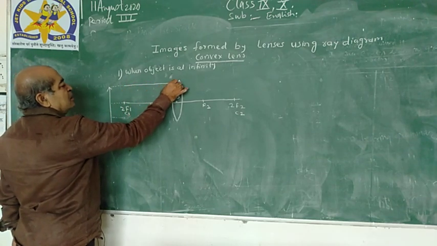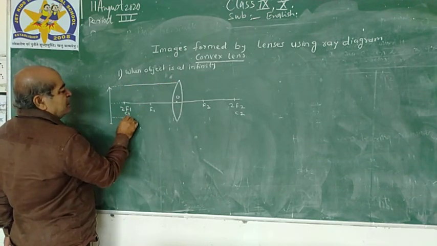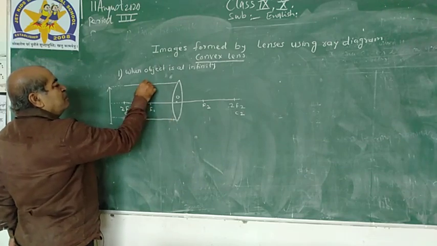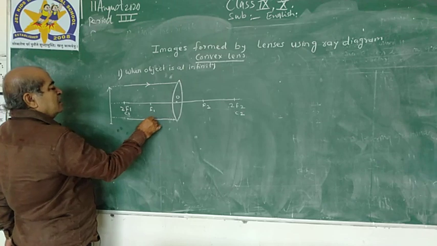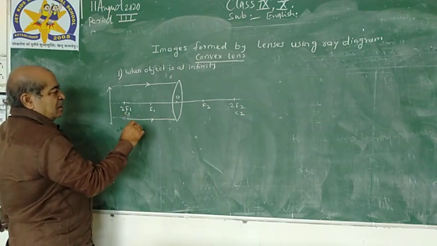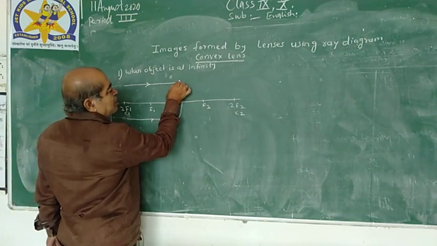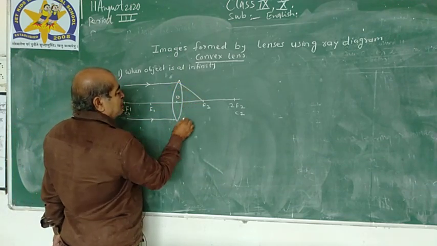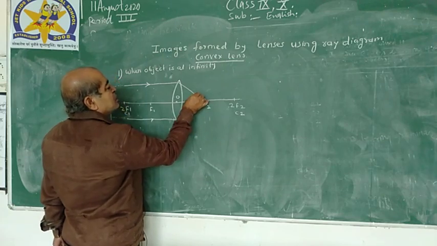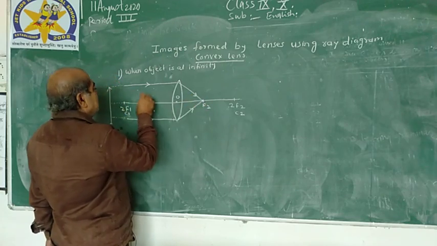When the object is at infinity, the rays of light coming from the object are parallel to the principal axis. Then after refraction they are passing through the principal focus on the other side.